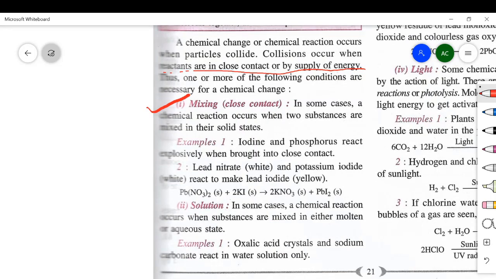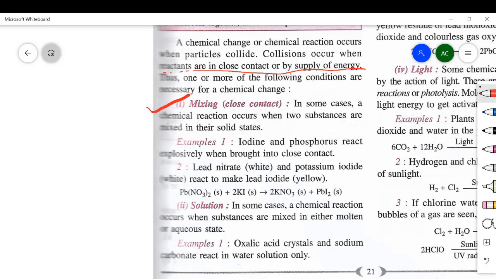In some cases, a reaction occurs only when two substances are mixed or kept in close contact. Sometimes they are in their solid state only, and when they are brought in close contact, the reaction happens. We'll see an example.